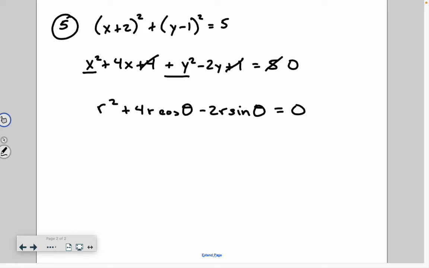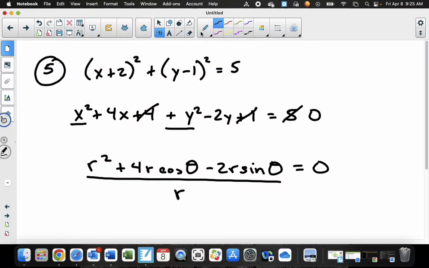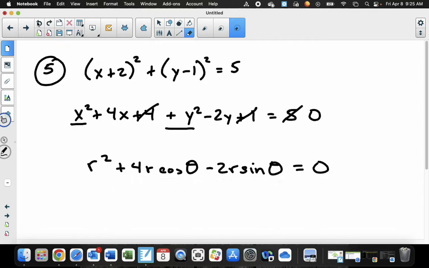Therefore, if you divide all of this stuff by r, as a matter of fact, maybe I'll do it a different way, just to show it a different way. Divide every term by r. That's a better idea. Thank you. There you go.